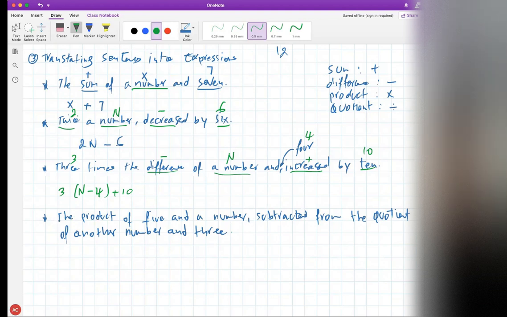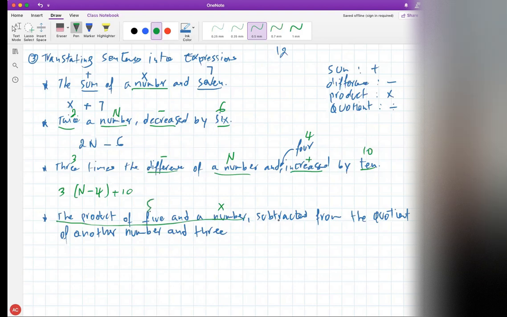Let's translate the first clause by itself: the product of 5 and a number. That's simple: 5x, or 5n, whatever the number is. For example, a or x or n. So 5x.